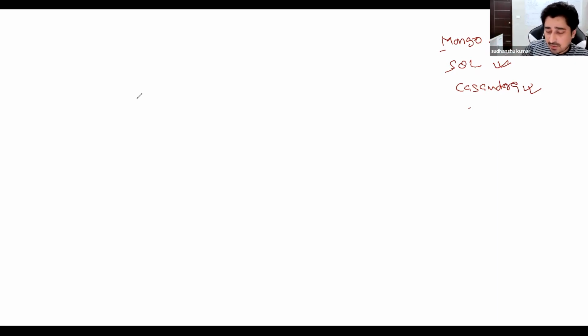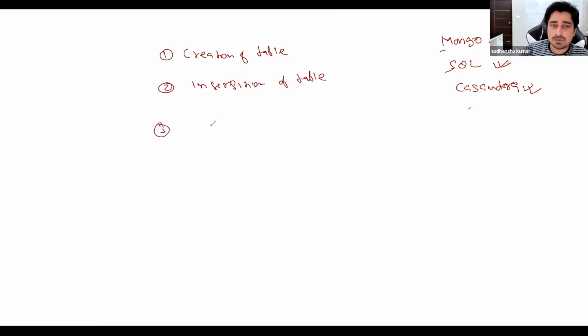API-wise, you have to create an API for creation of the table. Point number one, creation of table. Second, insertion into table. Third, you have to create an API for update into table.